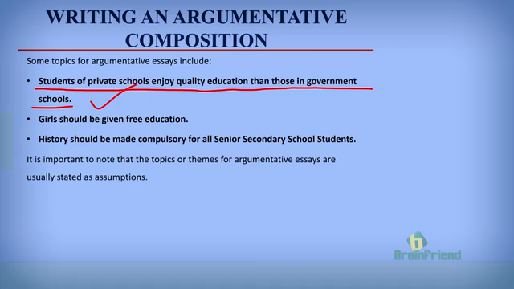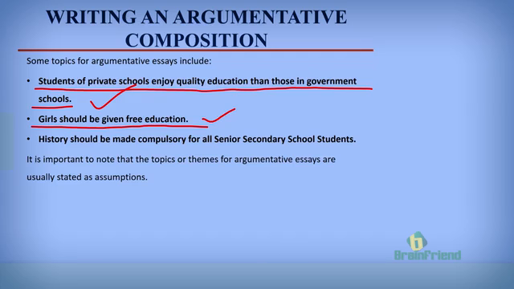The next topic here is girls should be given free education. This is a good topic for argumentative composition writing, because someone can also argue that girls should not be given free education with his or her own reasons. So this topic presents two conflicting points of view.